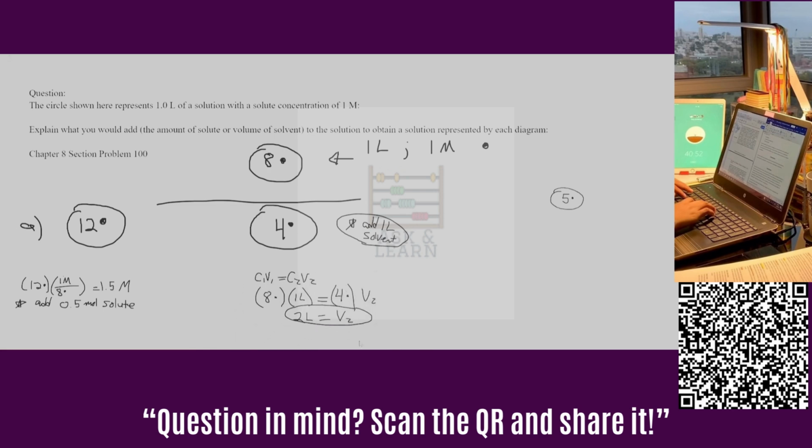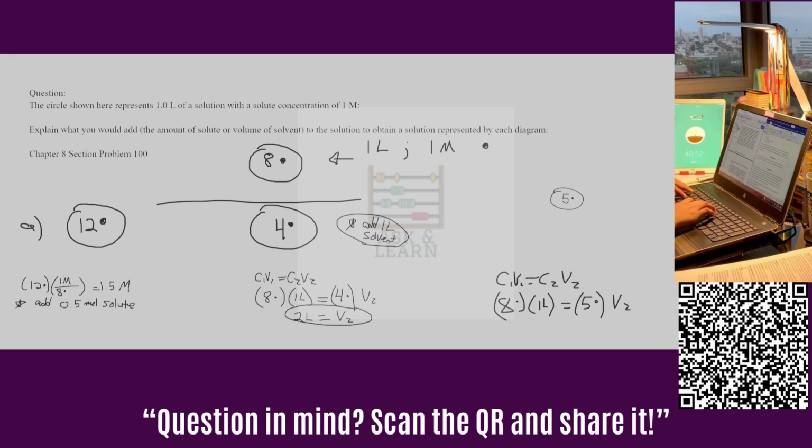For C, we need to go to 5. So this is where this equation will actually come more in handy. So C1V1 equals C2V2 is the same thing as before. So 8 dots times 1 liter is going to equal 5 dots times V2.